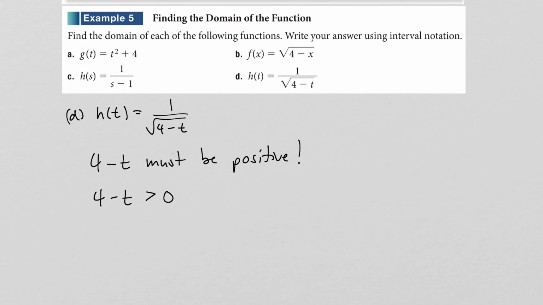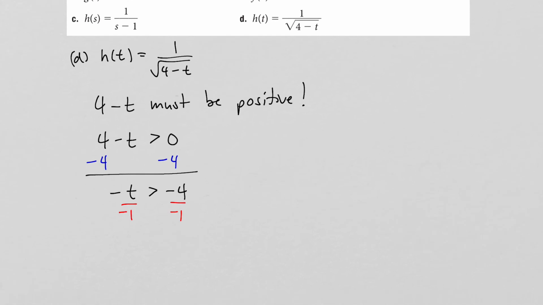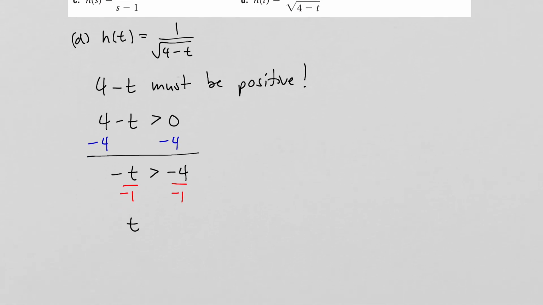So all I have to do is solve this inequality for t. And I could do that by subtracting 4 from both sides. And when we subtract 4, we get negative t is greater than negative 4. And then I'm going to divide both sides by negative 1. And when I do that, I get t here, I get 4 here. And then remember, the inequality has to reverse anytime you divide by a negative.